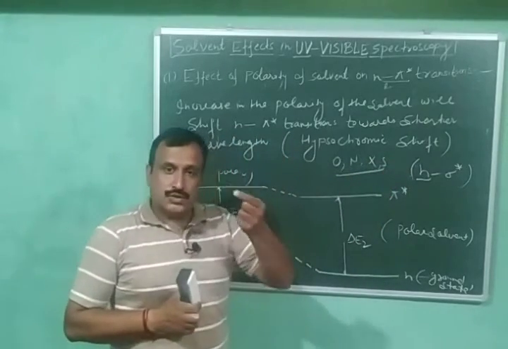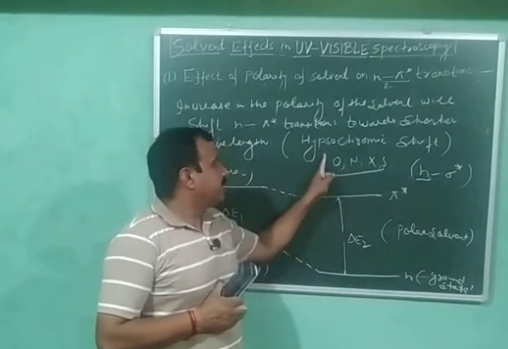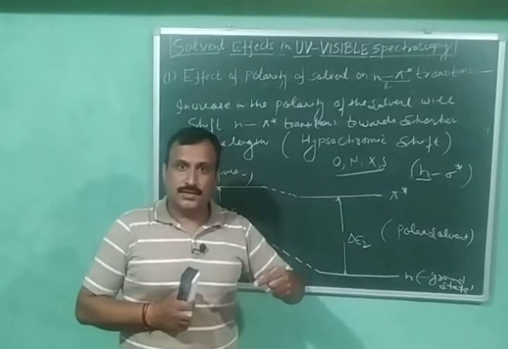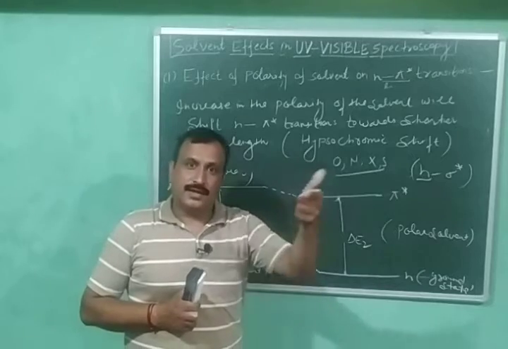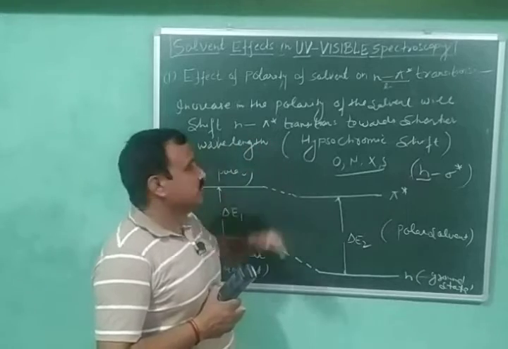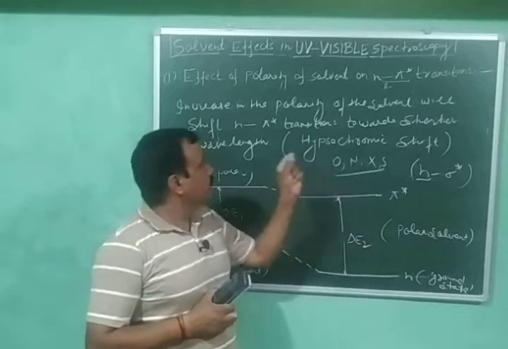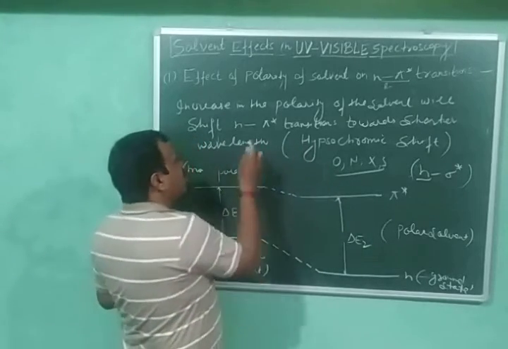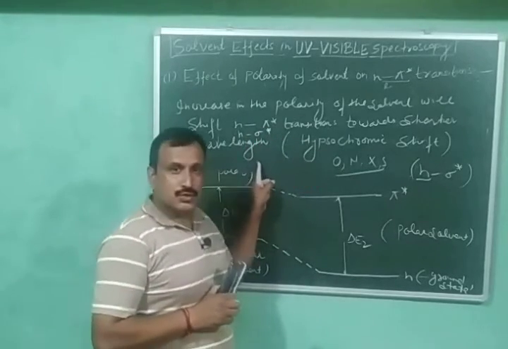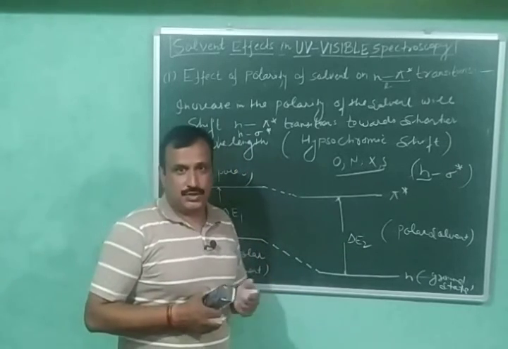So when this non-bonding electron is excited to the anti-bonding orbital, definitely the negative charge on the heteroatom will fall, and in this case also the ground state will be more polar than the excited state, and the effect will be the same as I explained in the case of n to pi star transition. So I can say that an increase in the polarity of the solvent will shift the n to sigma star transitions towards shorter wavelength. So the effect is the same in both types of transitions.